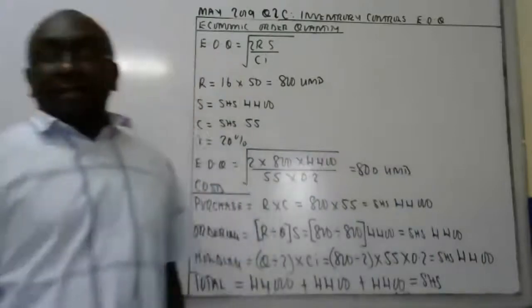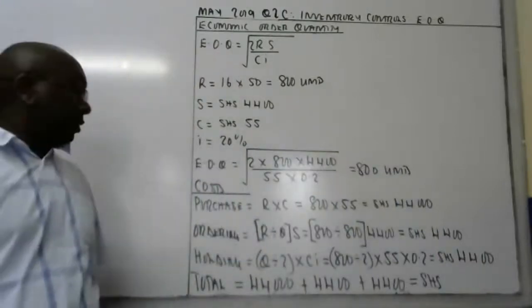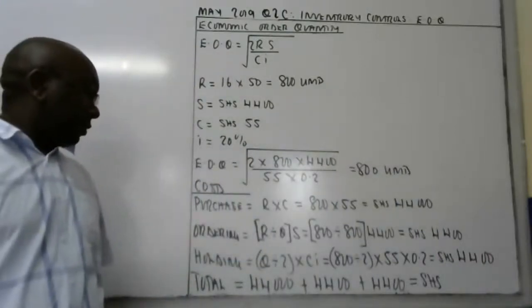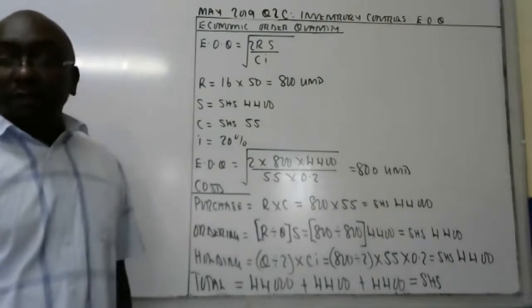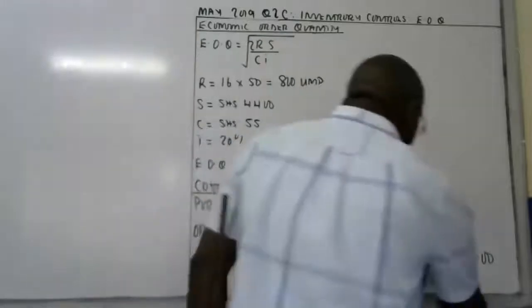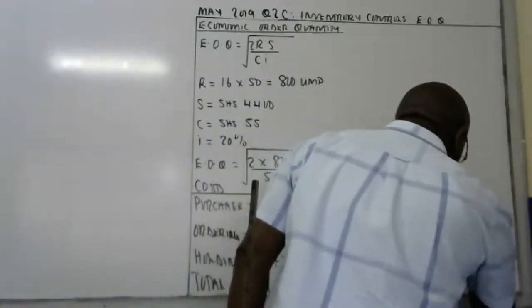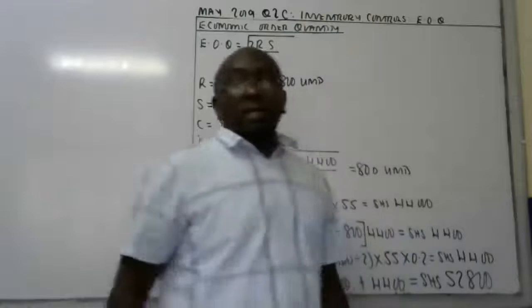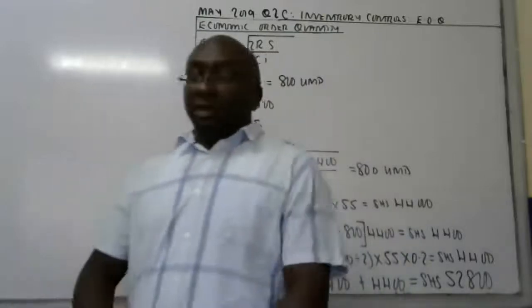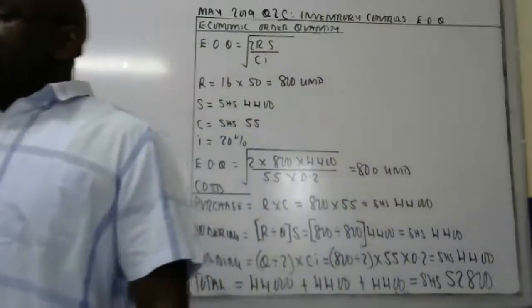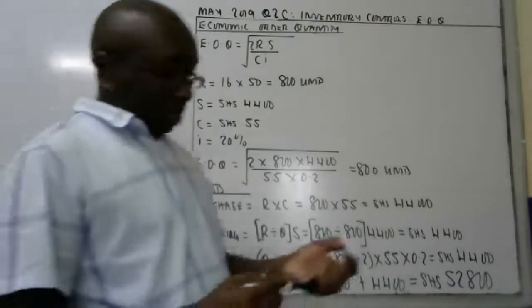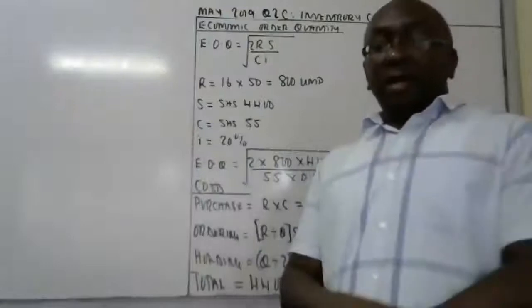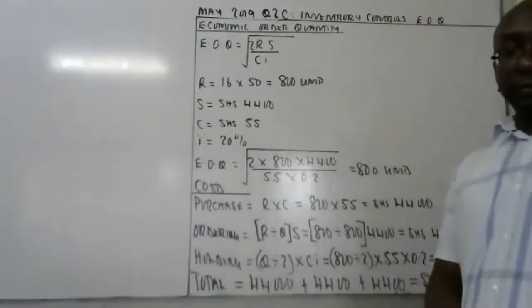So that should give us a total of what? 52,800. Good. So we stop there for today. We will pick up from there in the next lesson.